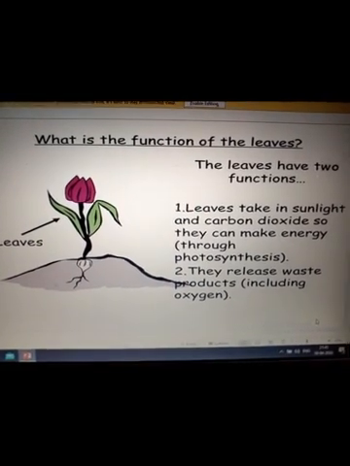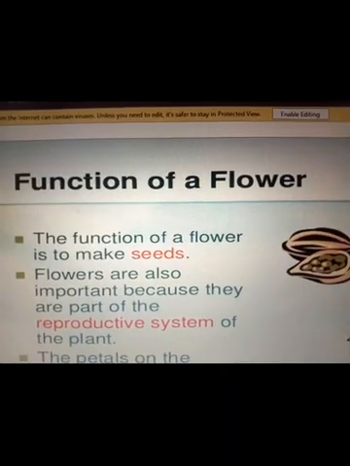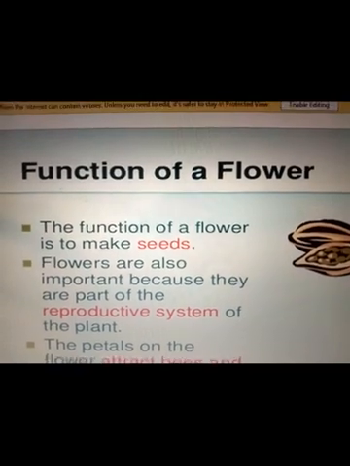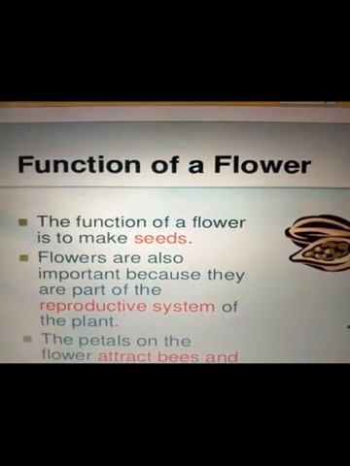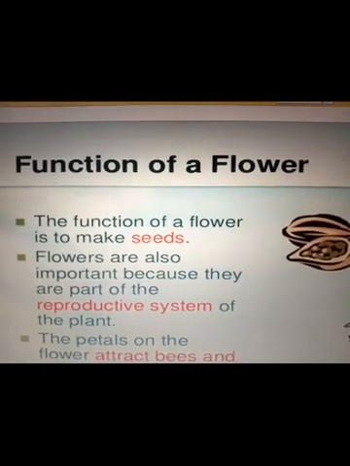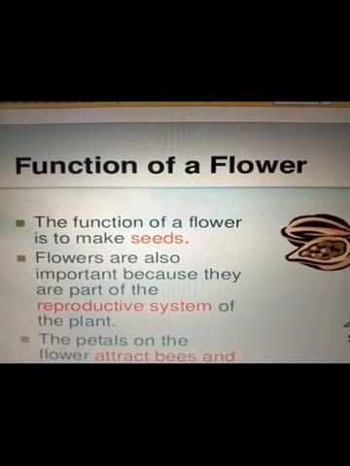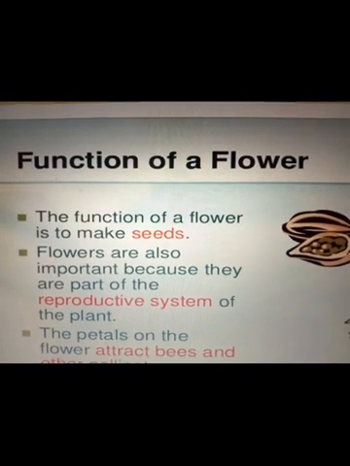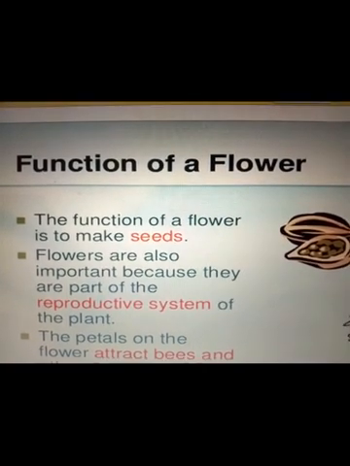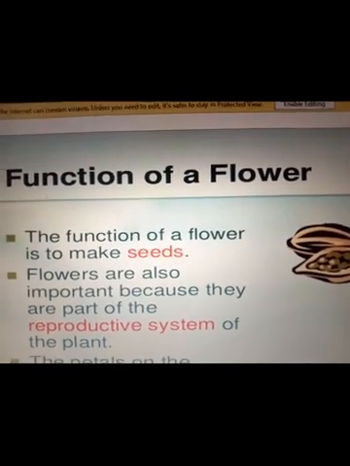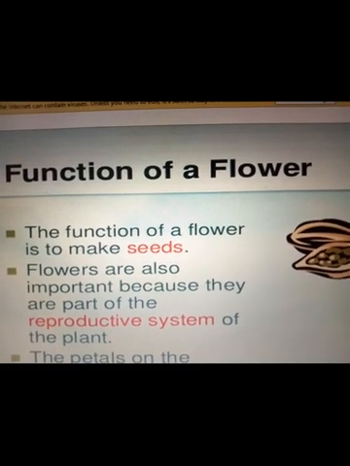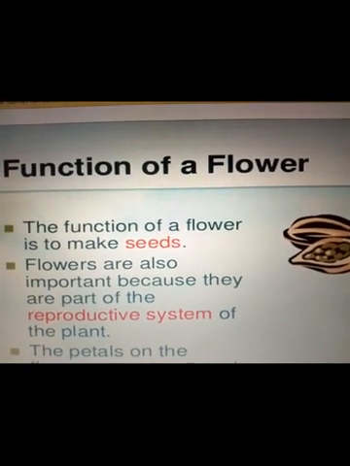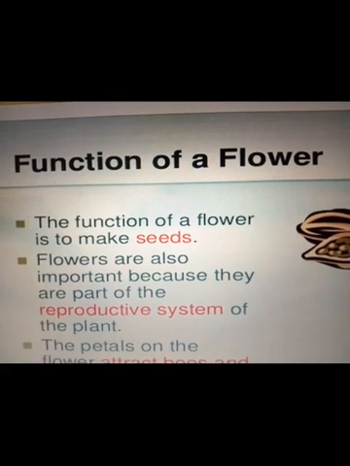Now next part is flower. What is the function of flower? The function of the flower is to make seeds, or flowers help the plant to produce fruits and seeds. They are the reproductive system of the plant.